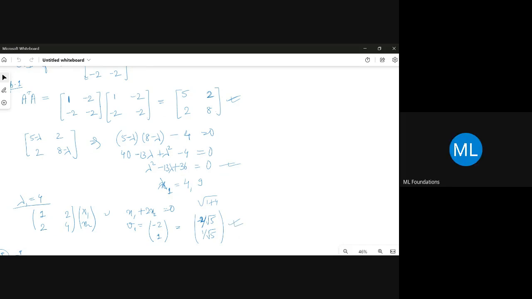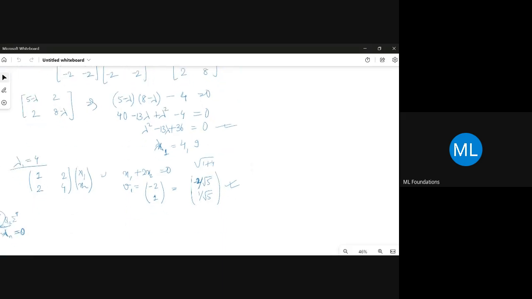Okay, now for lambda 2 equals 9, you have 5 minus 9, which is minus 4.